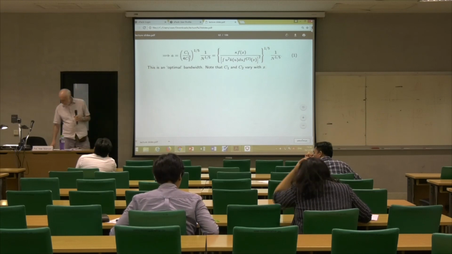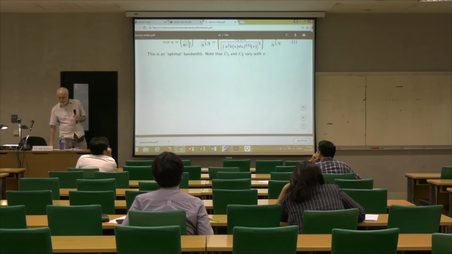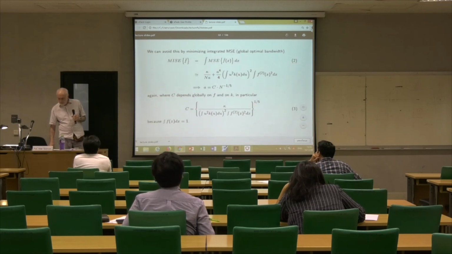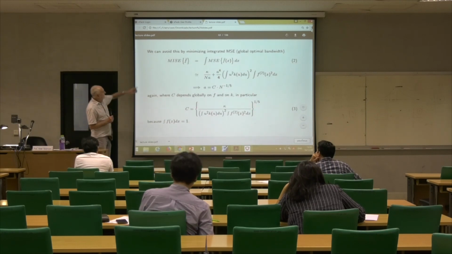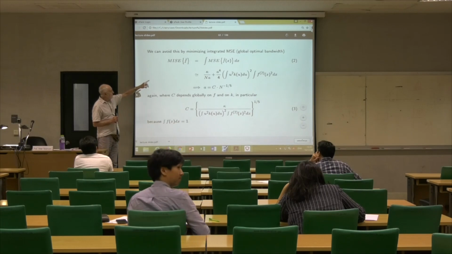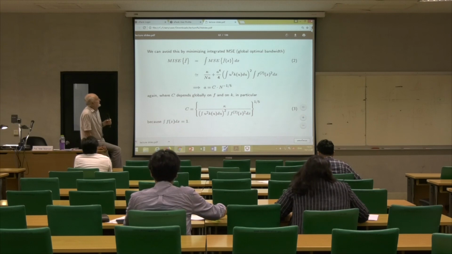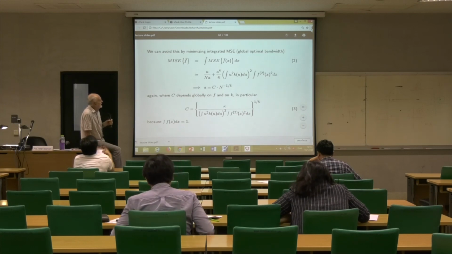So one thing, and I'm going to have to finish, I guess, probably before finishing this section, but what we sometimes do then is look at, instead of the mean squared error at individual points, we integrate out x, and we look at the mean integrated squared error.